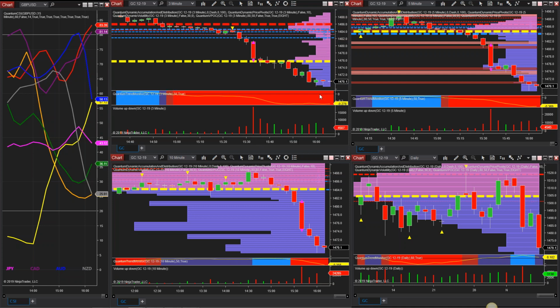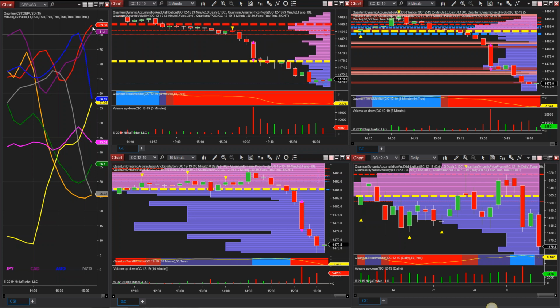Cash in. Trend monitor's bright red on 3, bright red on 5, bright red on 10, it'll be bright red on 15, and so on and so forth. And really it's a question of at what point do you want to bank and cash out? That will be dictated by volume price analysis in conjunction with the indicators. Partially you'll be looking at this dollar progress.